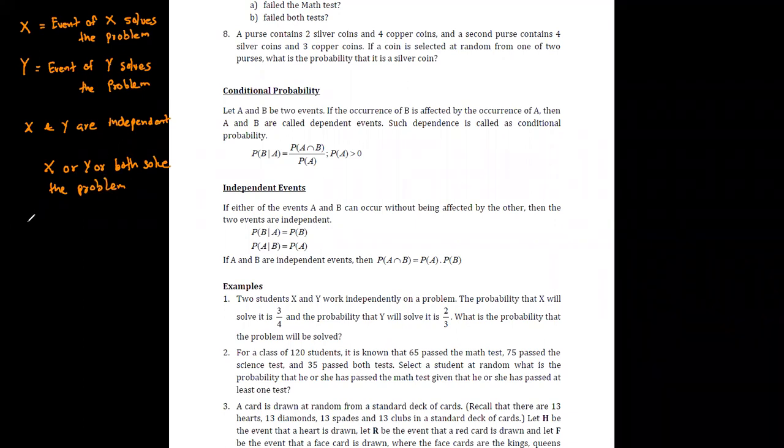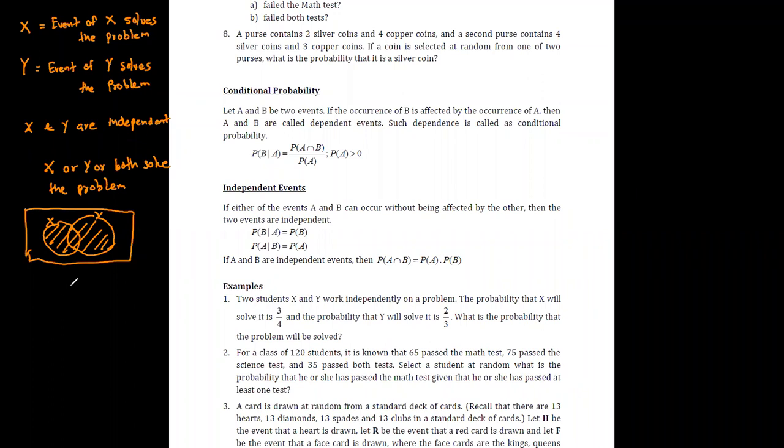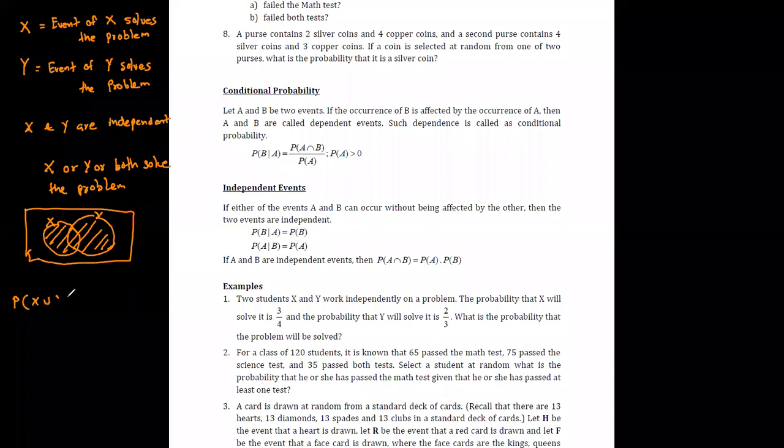It is because if you draw this using a Venn diagram, if this is X and if this is Y, then X or Y or both solve the problem is being solved. Therefore, what we need is the probability of X union Y. This is what we need to identify.